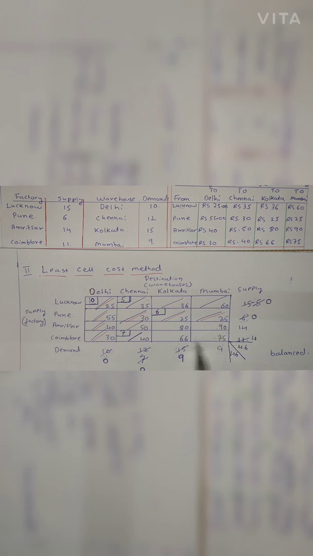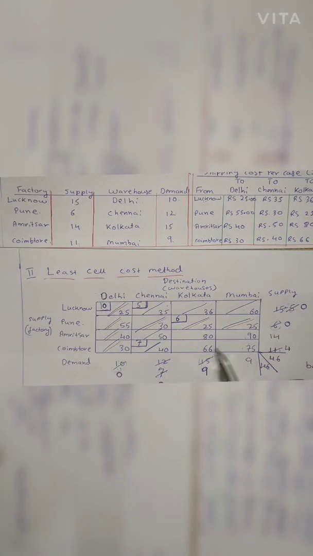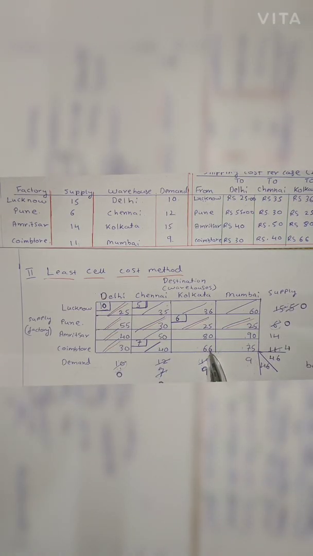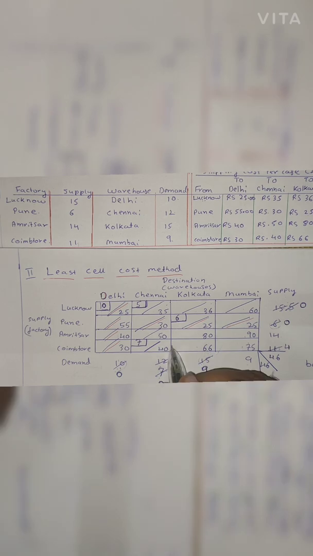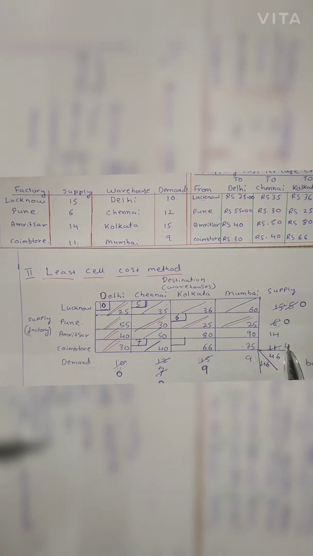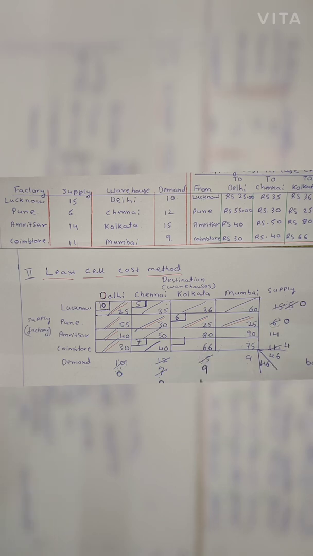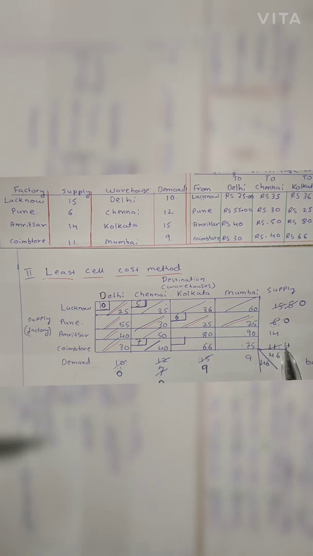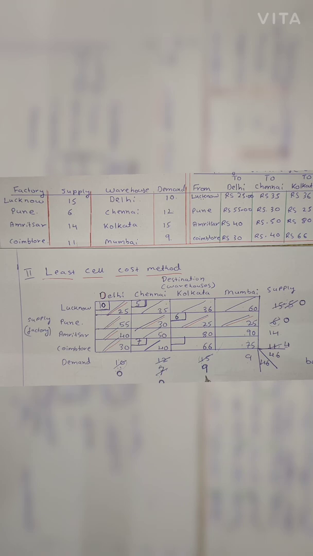Now these 4 cells remain: 1, 2, 3, 4. Which is the lowest among these? The lowest is 66. We'll draw a box. Then we'll check the row and the column. Row-wise the value is 4, column-wise it is 9.